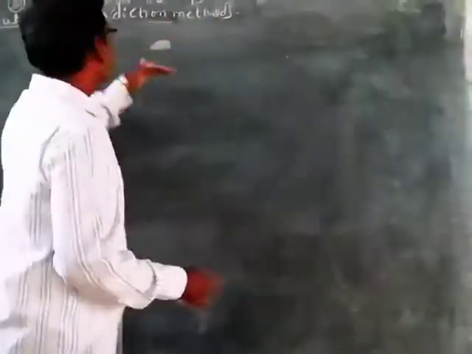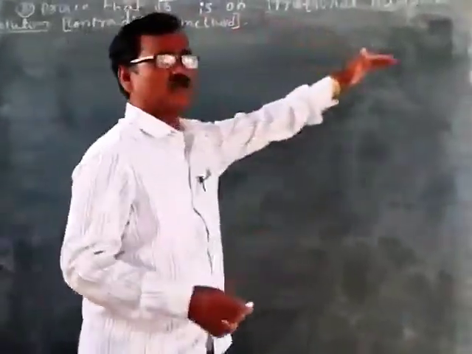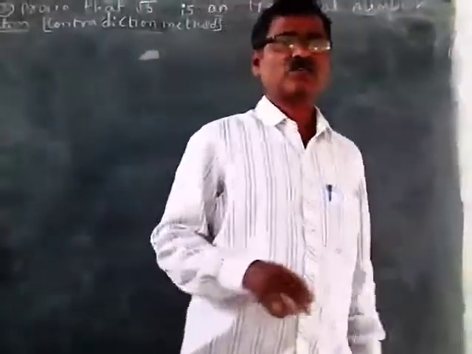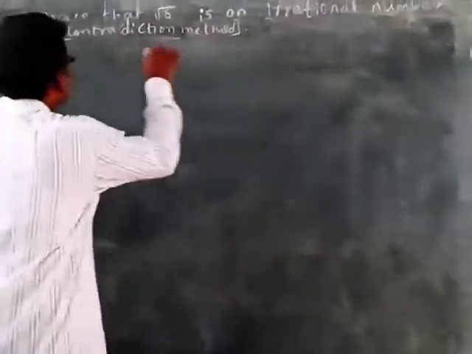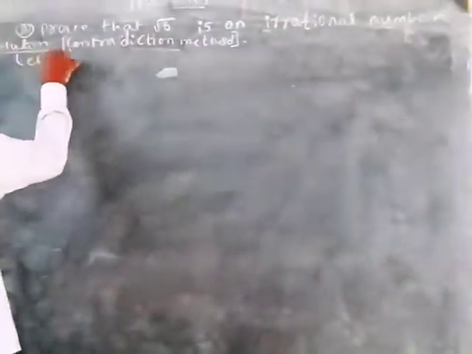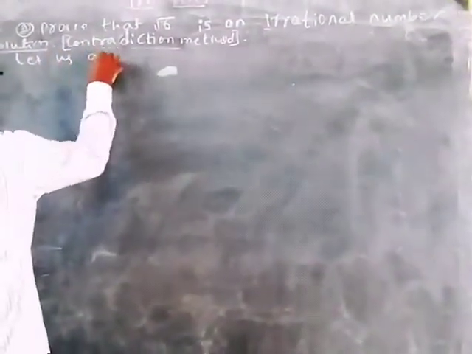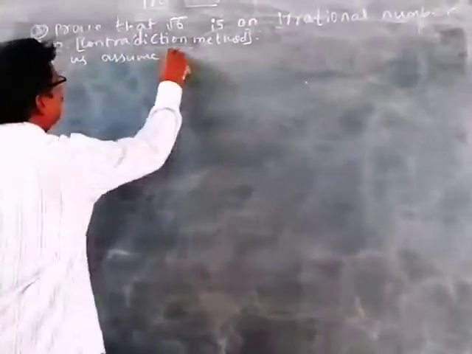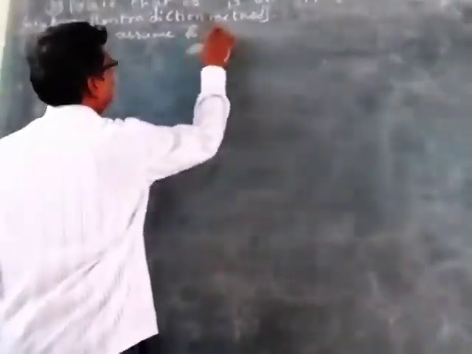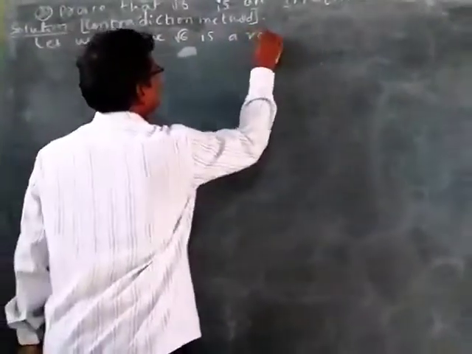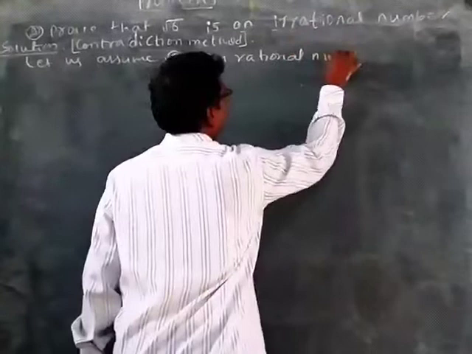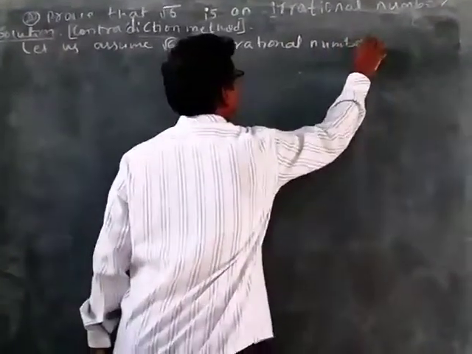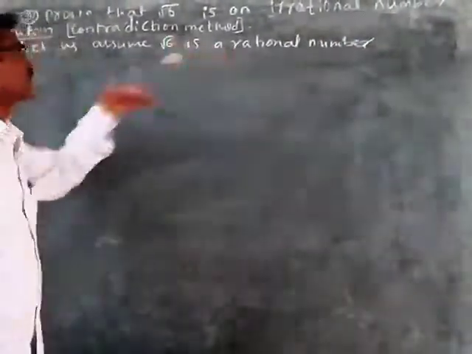Take the next problem: show that, or prove that, root 6 is an irrational number, same by the method of contradiction. So once again let us assume that root 6 is a rational number. Here I use the word assumption.